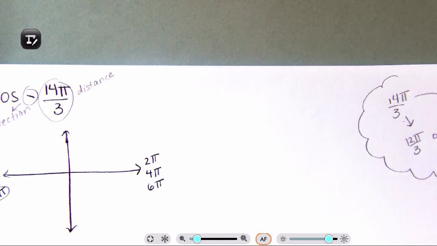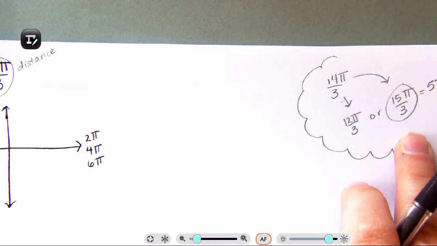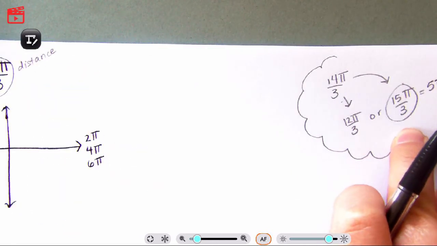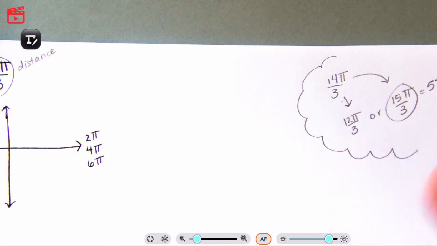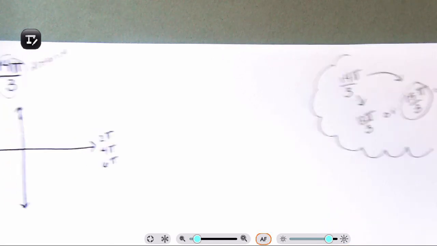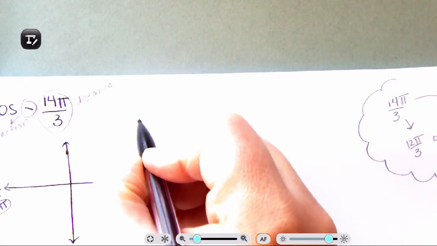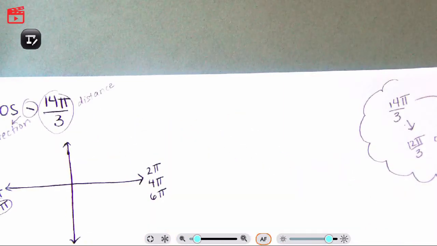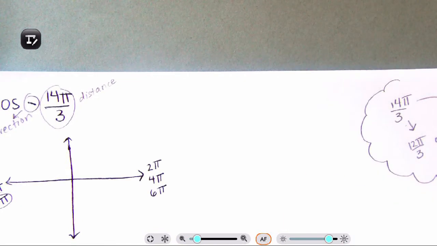How much will we overshoot if we go to 15 pi thirds? How many too many will we be there? If we go all the way to 15 pi thirds, we're overshooting by how much? By pi thirds. Do you see that?